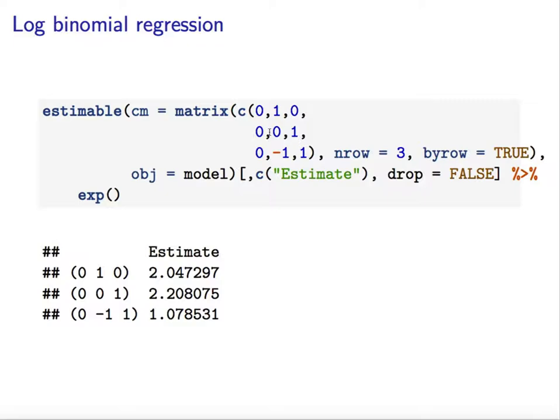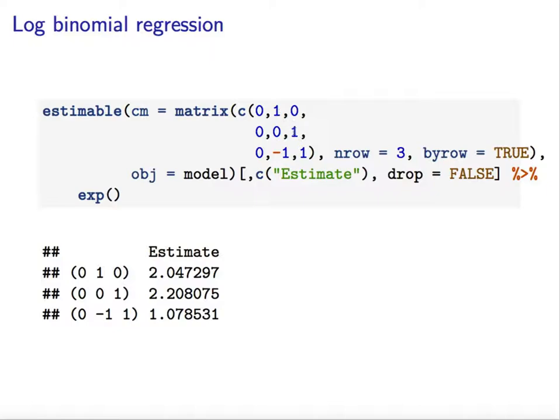Now we're going to tell estimable this time we want 3 different estimates. The first one is an estimate for beta 1. So that's going to be the relative risk ratio comparing grade 2 tumors to grade 1 tumors.